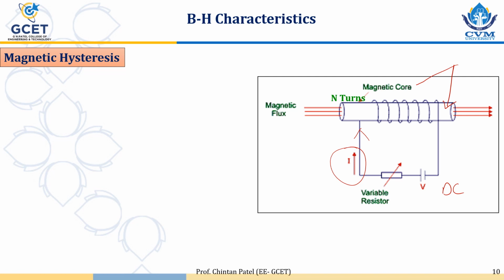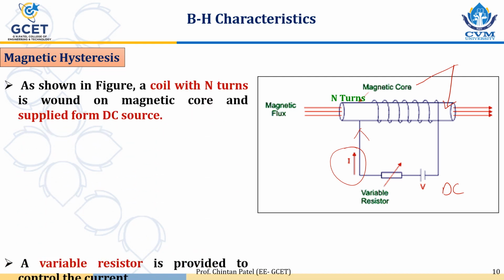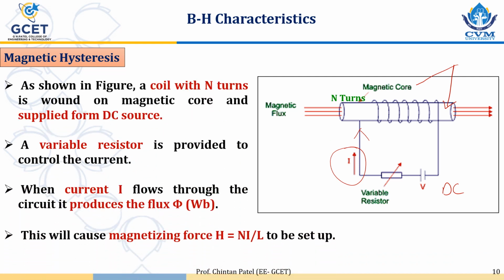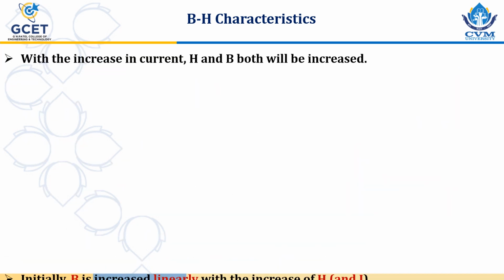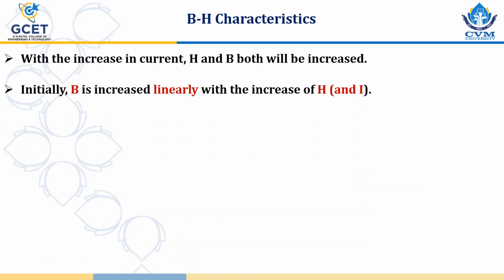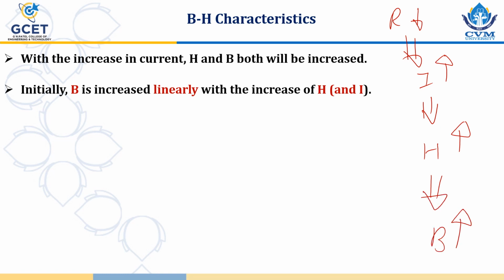When the current is negligible, H is negligible and B is also negligible because B is proportional to H and H is proportional to I. When we reduce the resistance, the current will be increased, and this will increase H, and H will increase B. So this is a sequence.